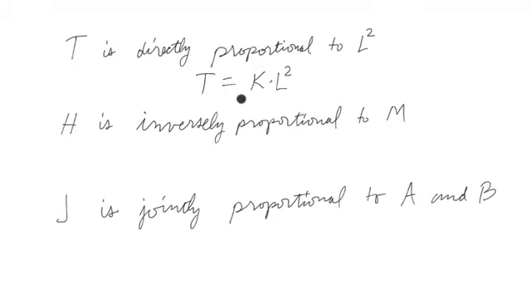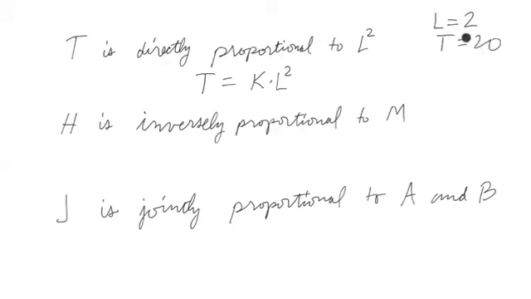This might pop up sometimes. Now, how would you use it? Maybe this wording occurs somewhere in the word problem, and then maybe you also have an example given with some values. Let's suppose that when L is 2, T is 20.